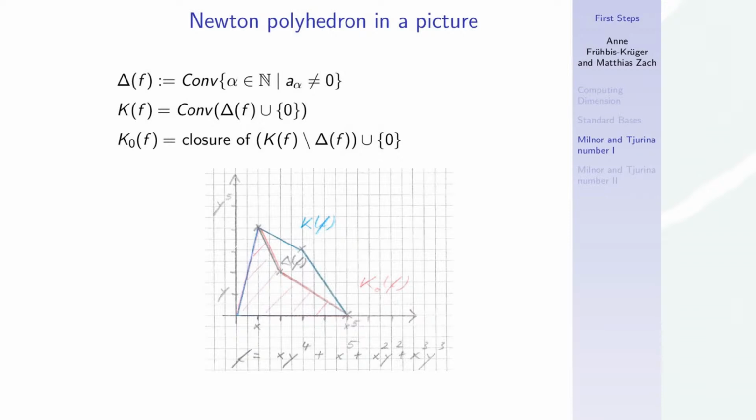So that's the construction. You might say, oh my God, why so complicated? I always took the monomials, put them in the monomial diagram, added a quadrant to them, and then took the convex hull and everything was fine. Yes, you're perfectly right. That's how you can do it.